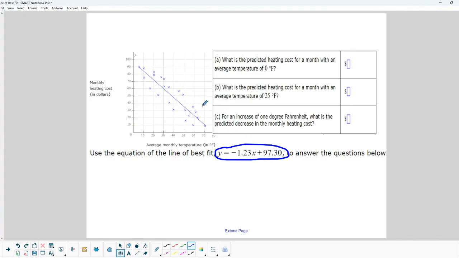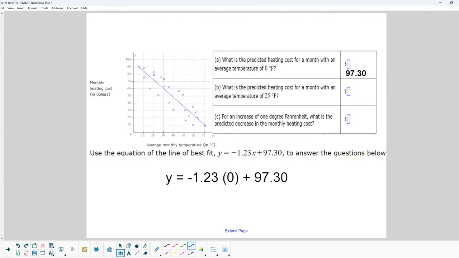You'll notice that if you continue that line up to the y-axis right there, it intersects at 97.3. And if we could measure the slope on this, we would notice that it's negative 1.23 for every one that we go over. So that's just some general information I can get from this.